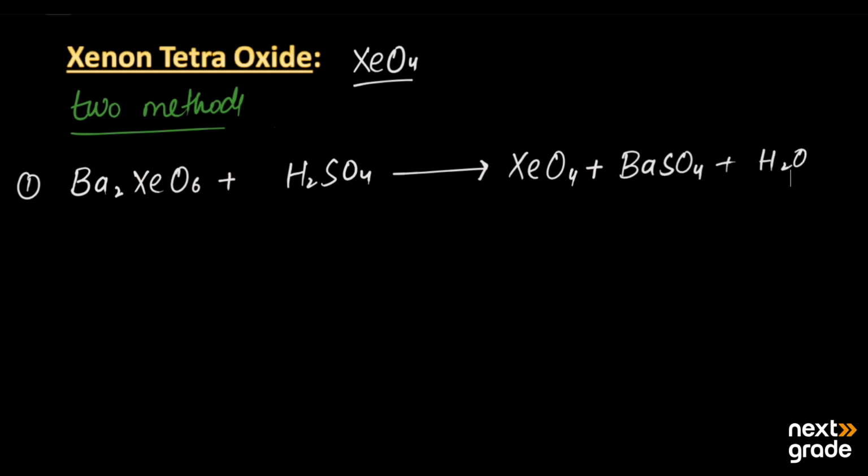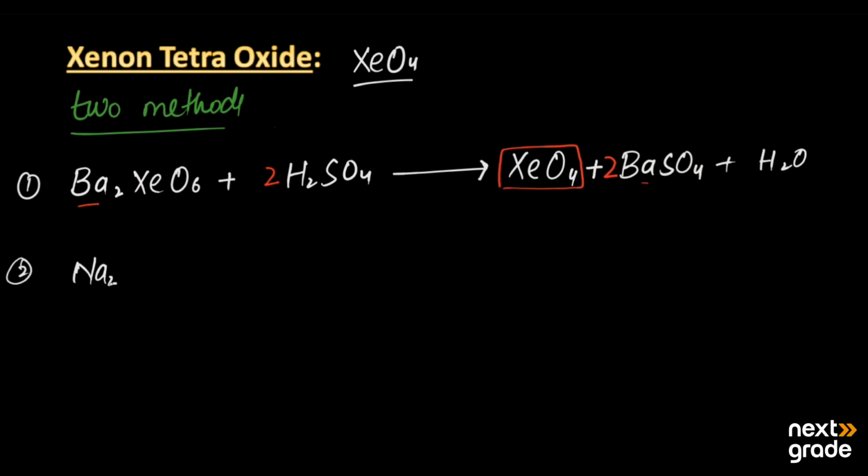Now on balancing this equation, 2 moles of sulfuric acid react with 2 moles of this compound and produce 2 moles of barium sulfate, and the main compound that we require is xenon tetraoxide.